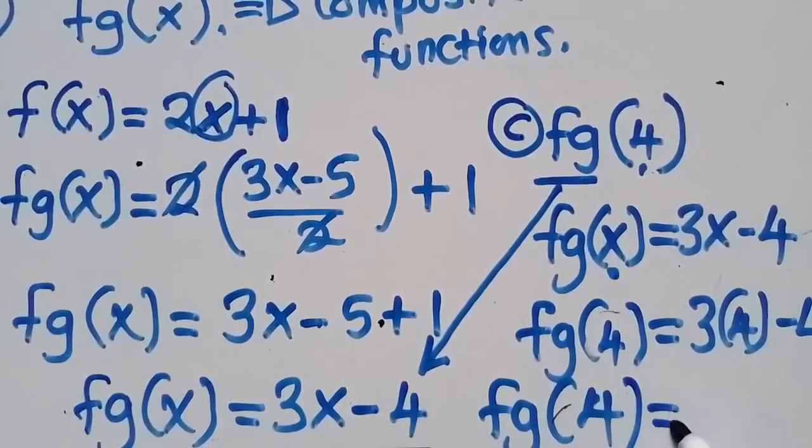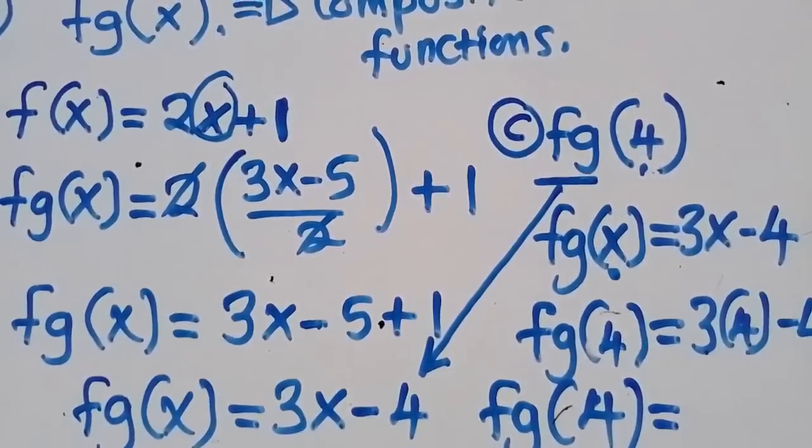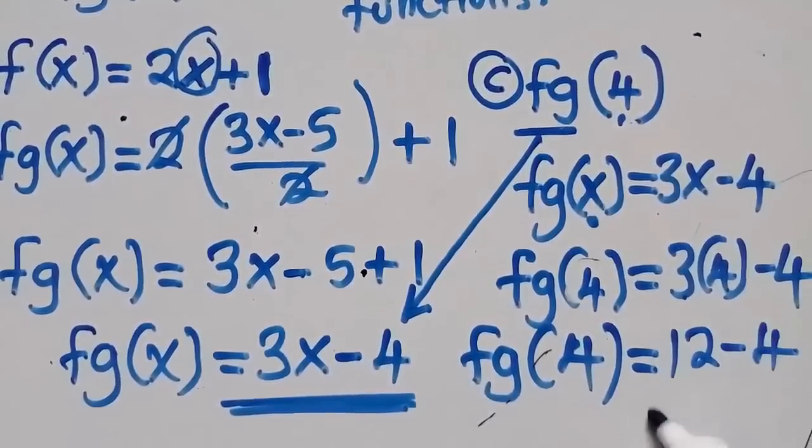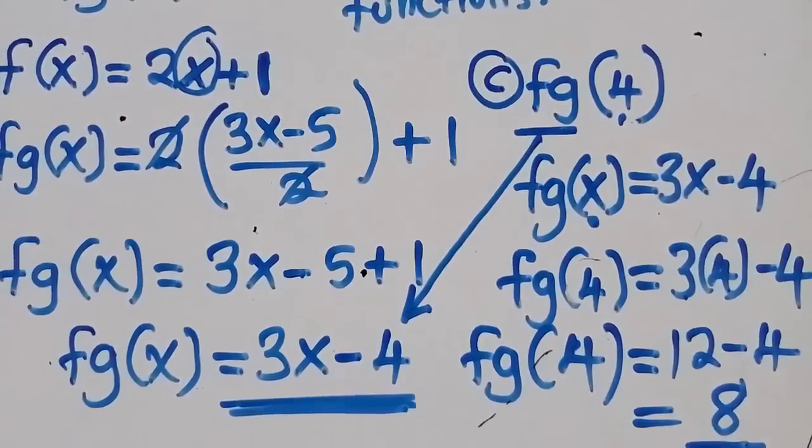What do you get? 3 times 4 is 12. 12 minus 4, your final answer is 8. This is how you need to work out this part. These are steps that you need to understand.